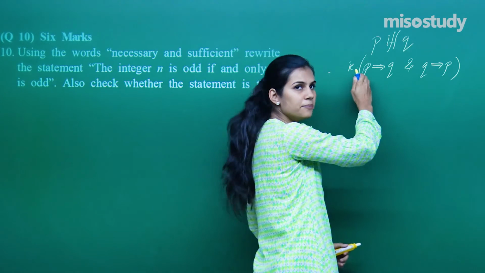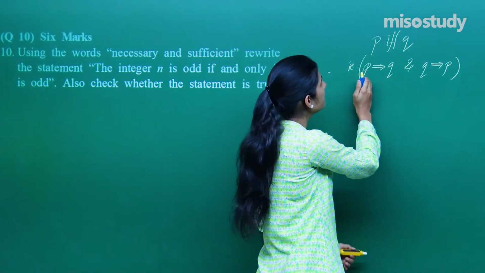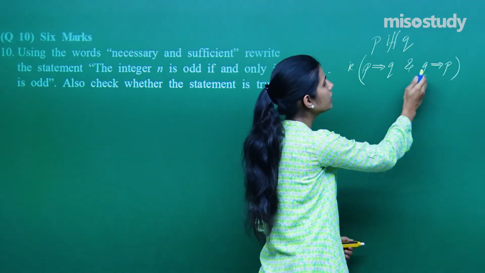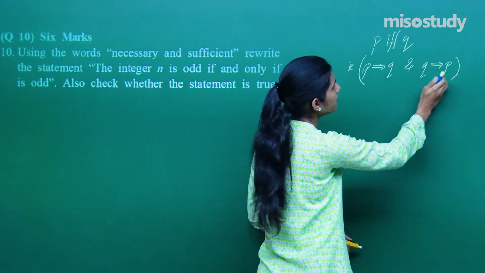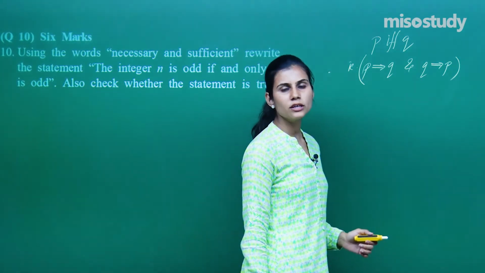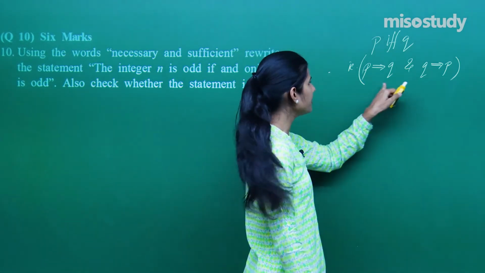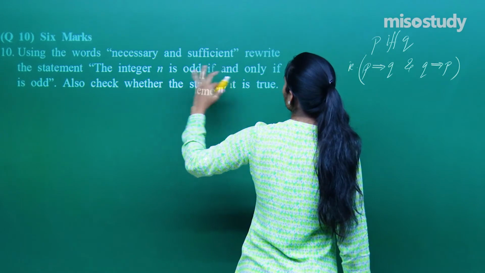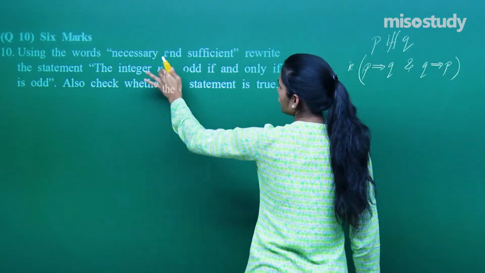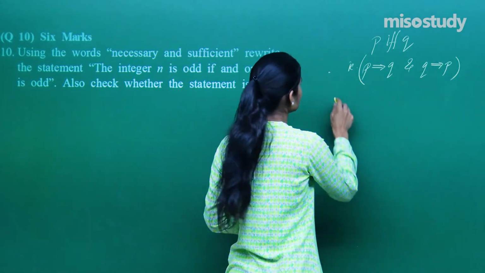Here you can see P is sufficient for Q, here Q is sufficient for P. Here Q is necessary for P, here P is necessary for Q. That is what we conclude from the if then implication. This is if P then Q, if Q then P. So how do you write the integer n is odd if and only if n square is odd using the phrase necessary and sufficient?